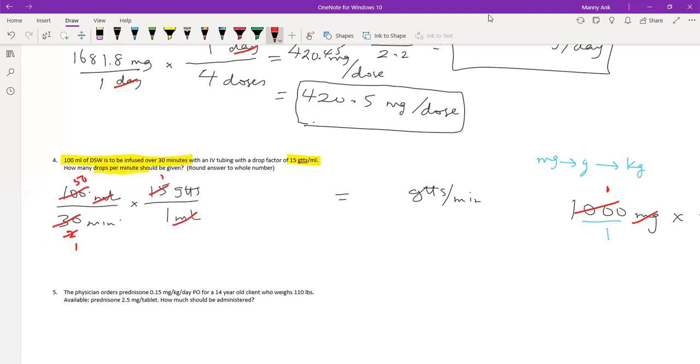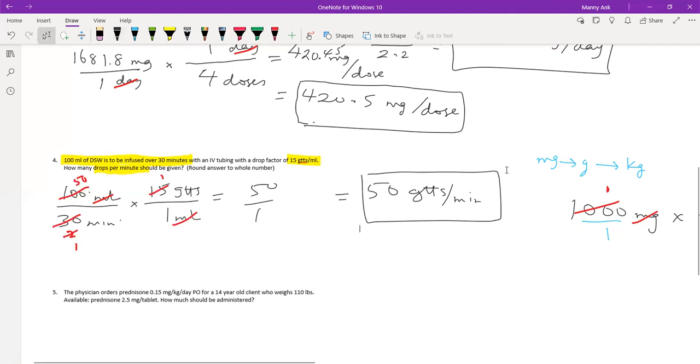So we can just multiply horizontally. 50 times 1. So that would be 50 over 1 times 1, which is 50 over 1. So we end up with 50 drops per minute as our answer. All right. So again, dimensional analysis makes your life very easy when you're working out problems like these.